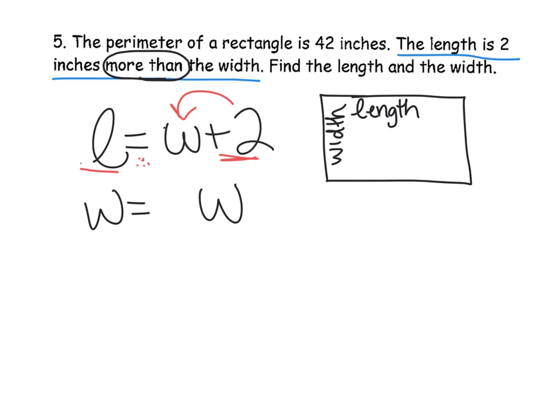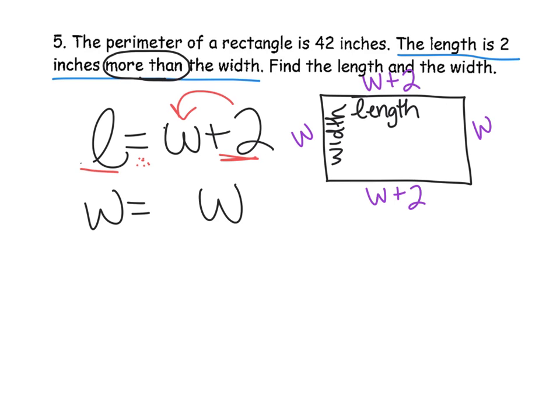So let me label my rectangle right now to make this really understandable. The length is W plus 2, so put a W plus 2 for the lengths on the top and the bottom. And then the width of my rectangle is itself, so put a W on the sides for width. It's really nice that I have all one variable.